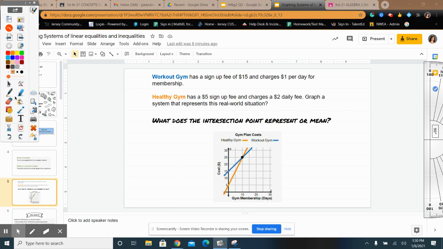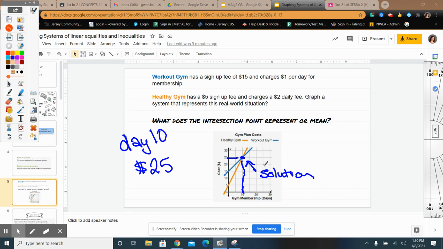And I want to know the solution, which is what they have in common. So this point where those two graphs meet is the only point they have in common, and that would be called the solution. And what does it represent or mean in the context of our problem? Well, it's the only point that is true for both graphs. But what that means is that both gyms cost $25.